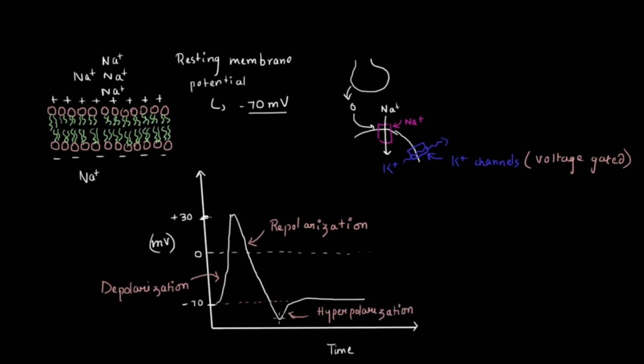So after the hyperpolarization, as the potassium channels eventually close, the resting membrane potential is again achieved, and it comes back to -70, and the action potential ends. So this was the overview of the neuron action potential.